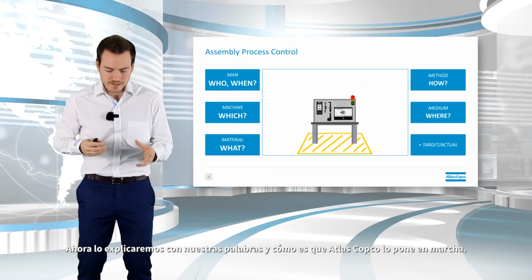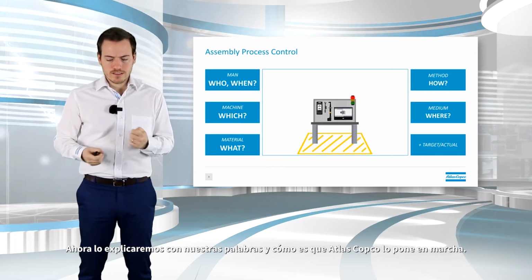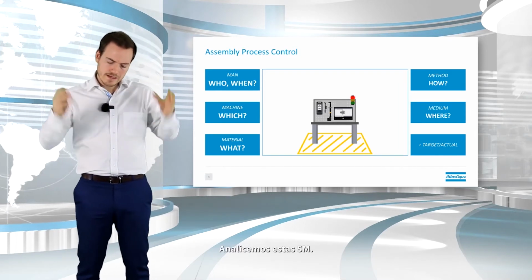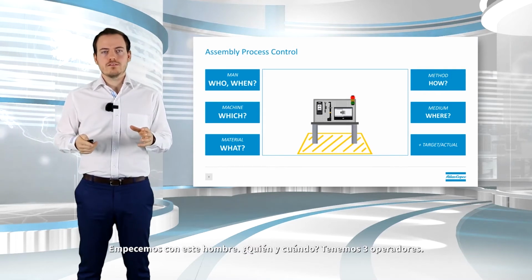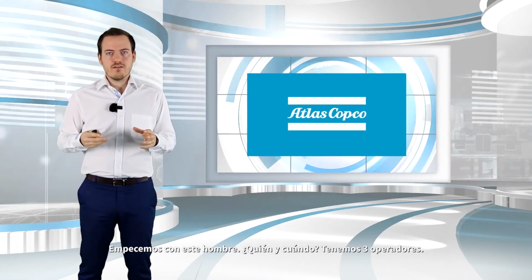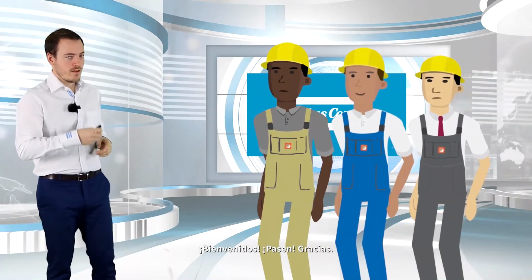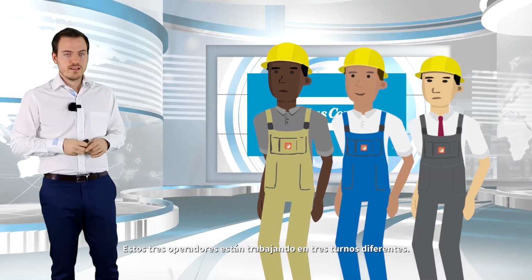Now let's bring that into our words and how Atlas Copco understands this in a better way. So now we will analyze these 5Ms. Let's start with man, who, when. We have these three operators, and they're working on these three different shifts.